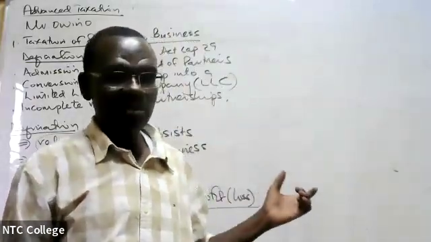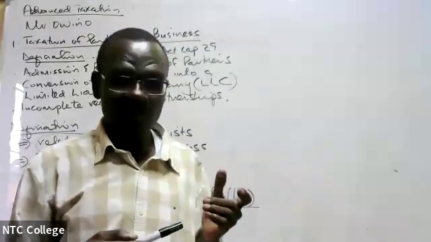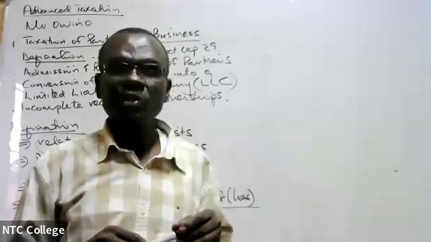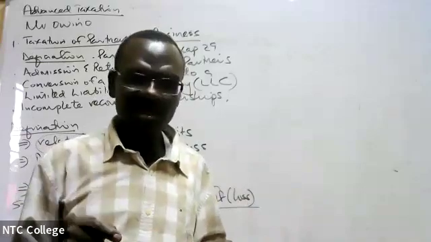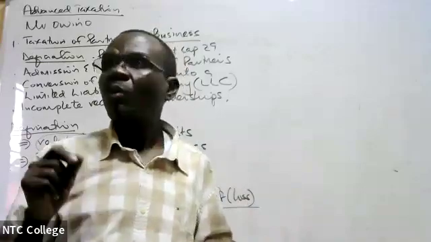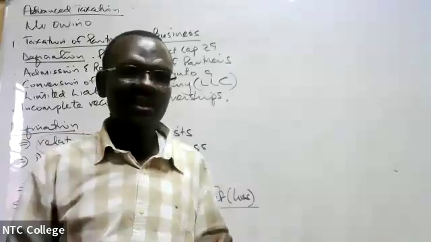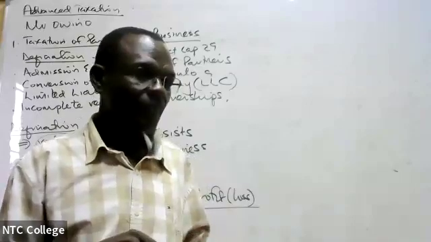Because the examiner will require you to prepare a statement of adjusted profit or loss. So before we can even go there, we need to look at this statement and analyze it and know why it would be different from the statement required for tax purposes.